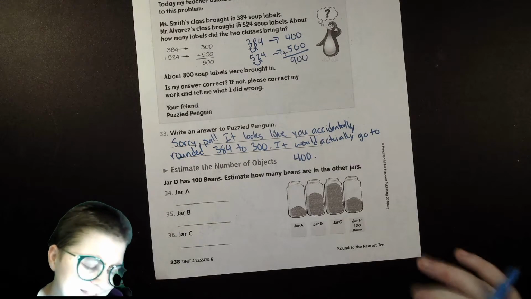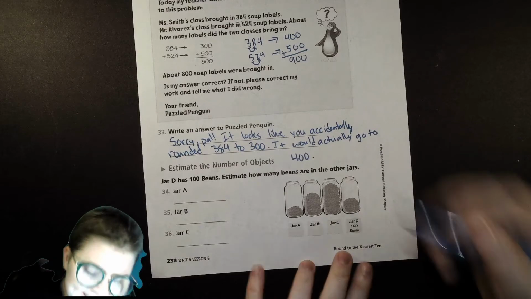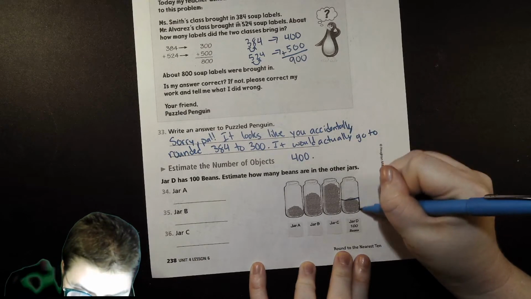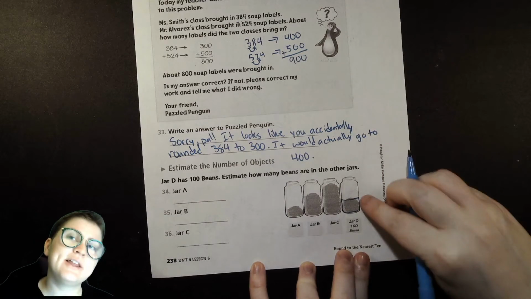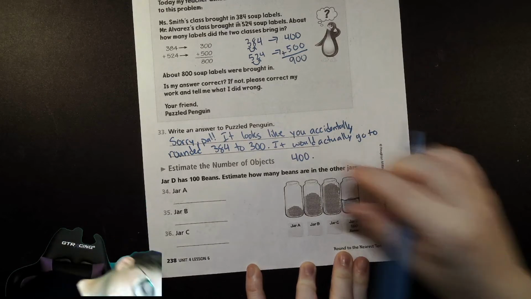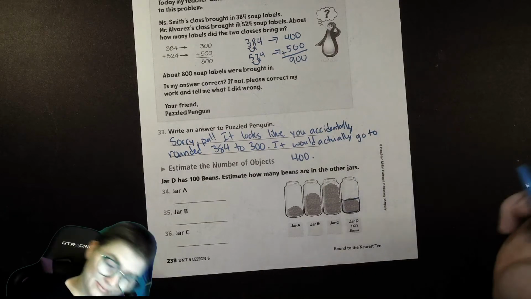Okay, last thing here, jar D. This one has 100 beans. Based on this, we're supposed to sort of visually estimate how many are in the other jars.